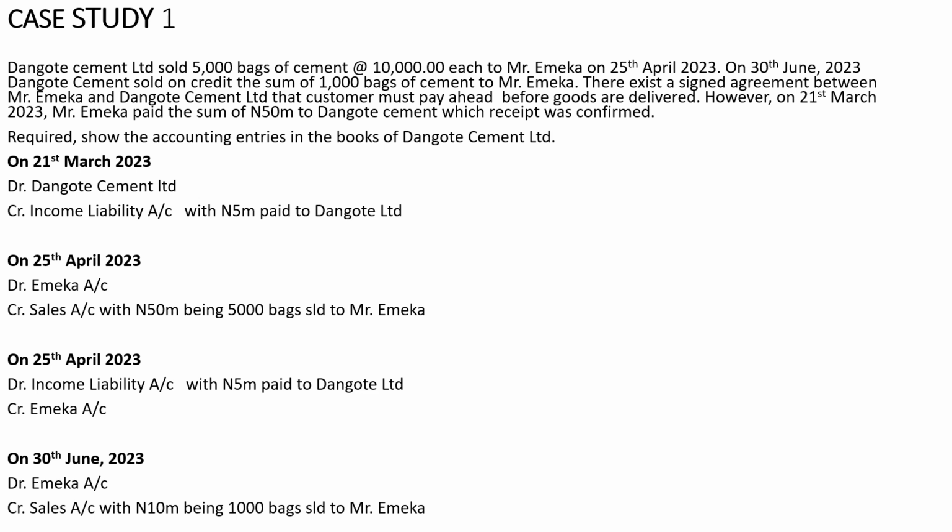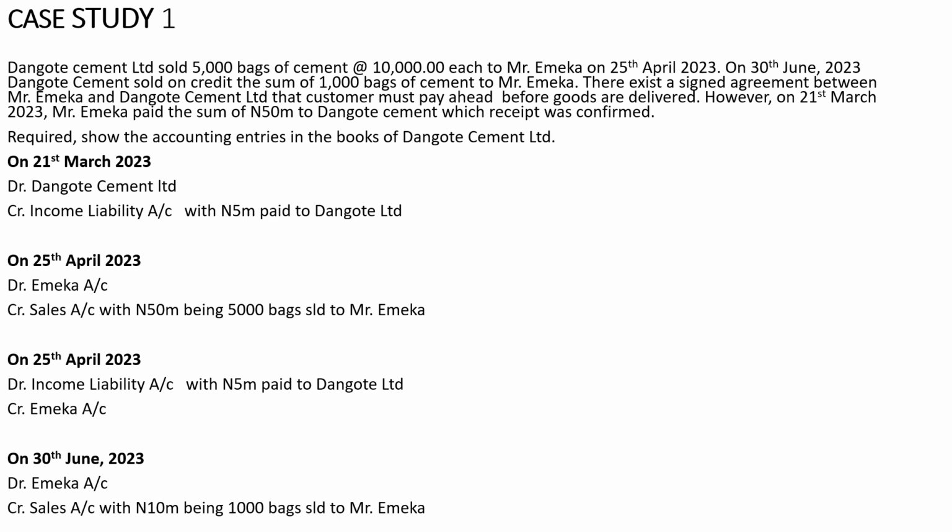Case study 1. Dangote Cement Limited sold 5,000 bags of cement at 10,000 each to Mr. Emeka on the 25th of April 2023. On 3rd of June 2023, Dangote Cement sold on credit the sum of 1,000 bags of cement to Mr. Emeka.